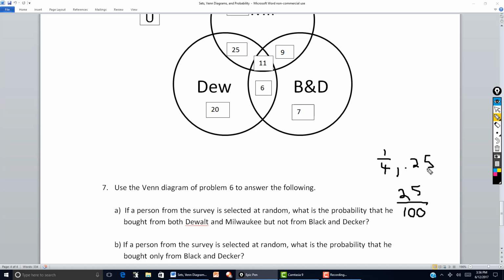The probability could be 1. When you say the probability is 1, then that means it's certain. Probability of 0 means it's impossible. Probability of 1 means the event occurring is certain. So either a reduced fraction of 1/4, a decimal of 0.25, that's your probability.